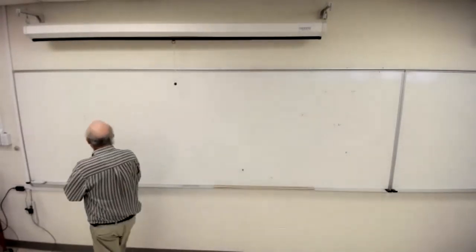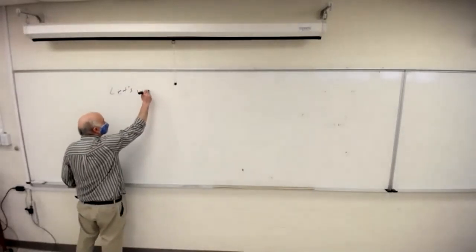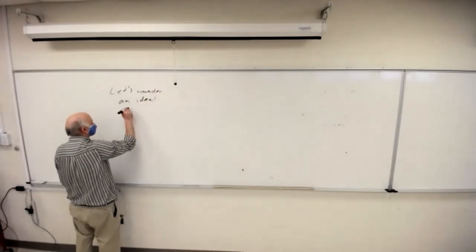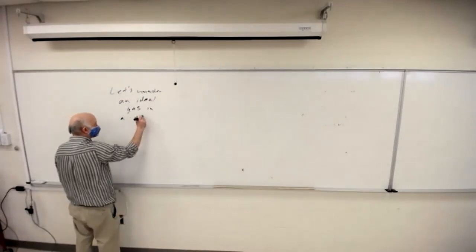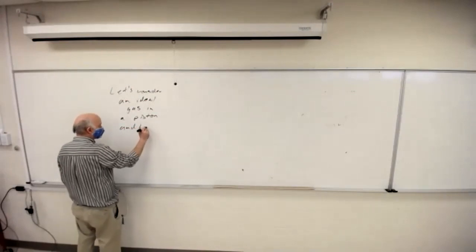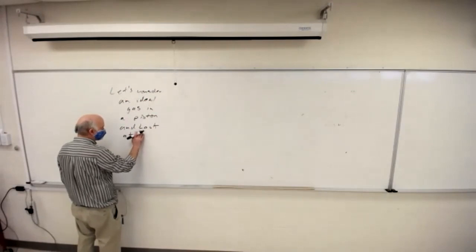So what we could do is consider an ideal gas in a cylinder, let's say in a piston, okay, and look at the PV diagram.